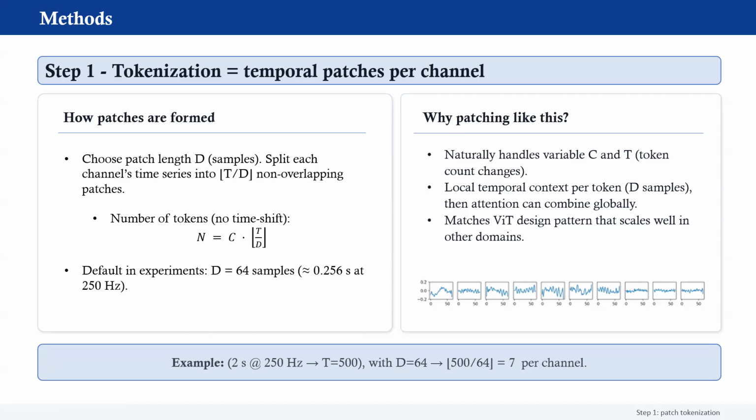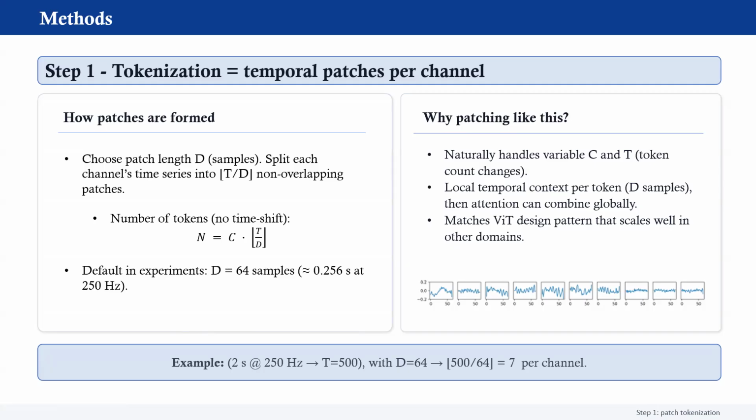Now, one thing that they have not made clear is how they are ordering these patches when they flatten the channels. Essentially, there are two ways in which you can do this.